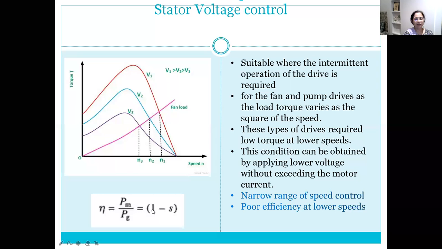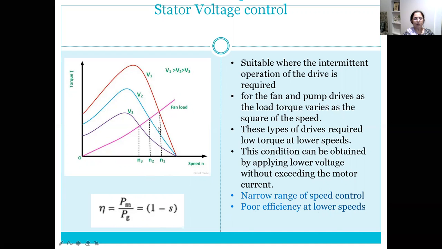In such case, the value of 1 minus S will keep on reducing, and it has direct impact on the efficiency. So it offers very poor efficiencies at very lower speeds. So this type of speed control is suitable only for fan and pump type of drives, where load torque also varies in square proportion to the speed.